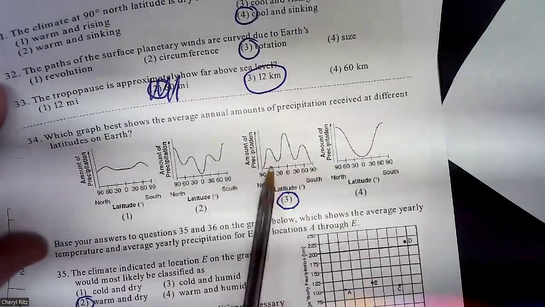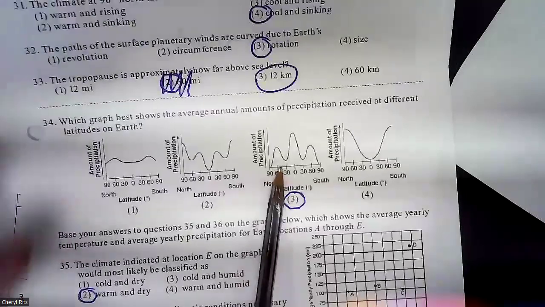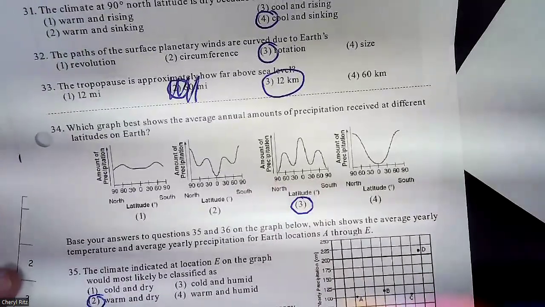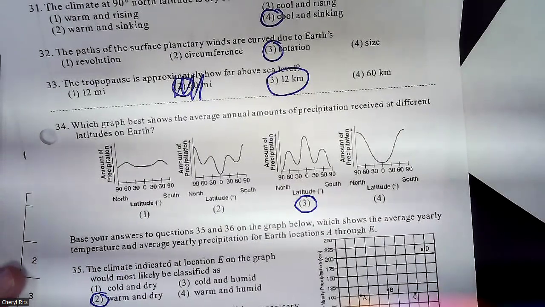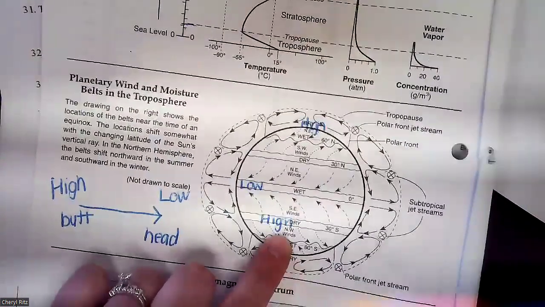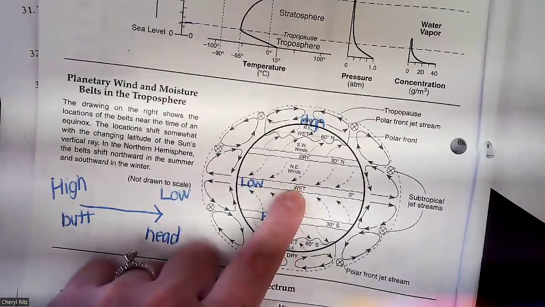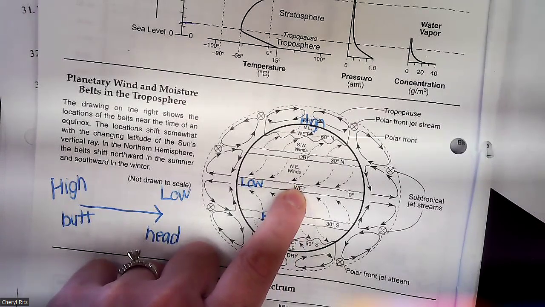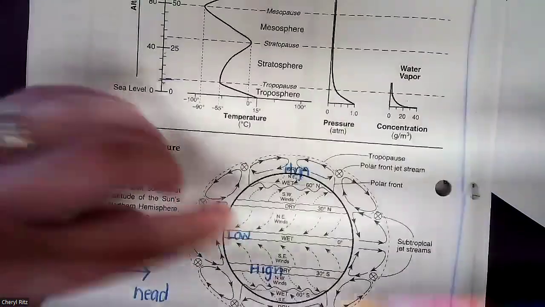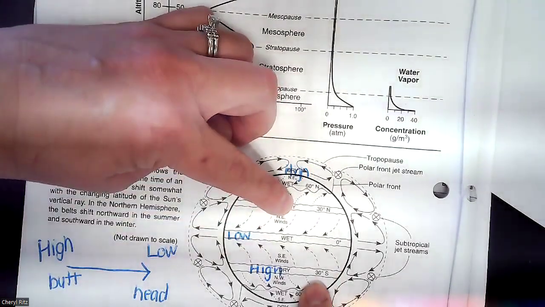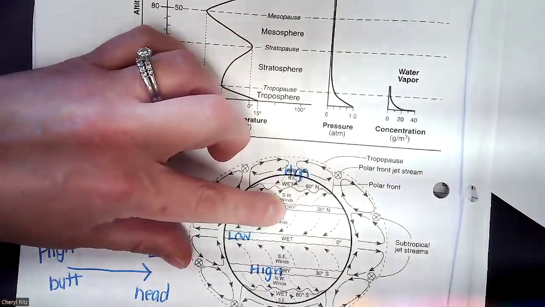Where did I get the information for this? Amount of precipitation at these different latitudes. How did I know that that was the correct graph? Hopefully you guys looked at this reference table here that tells you that the equator is wet. That means it gets a lot of rain. So that's why the equator has a high amount of precipitation. Then when you go out to 30 north and 30 south, they're dry.